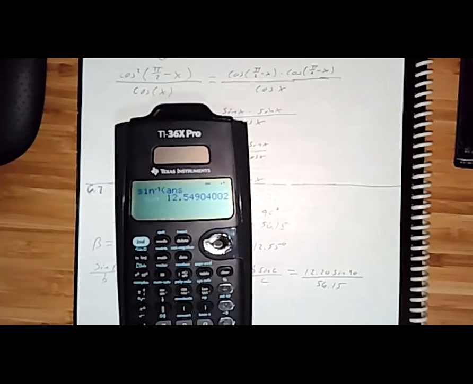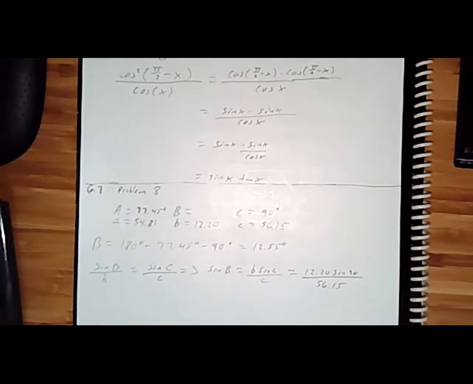Okay. I'll just tell it to you exactly how I did it. I did cosine of angle B equals 54.81 over 56.15. And then I took the cosine negative one on each side to get B. What about the little b? The little b? I don't know. Did you solve for sine b?